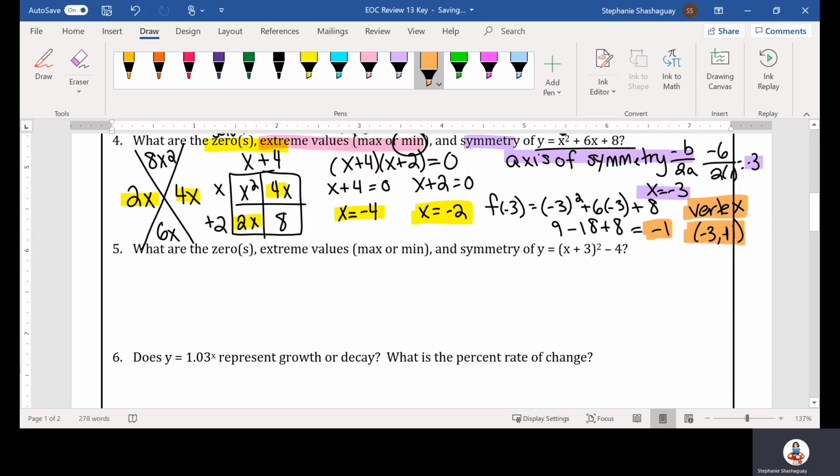What are the zeros, extreme values, max or min, and symmetry for y equals (x plus 3) squared minus 4? This equation is given to us in vertex form.